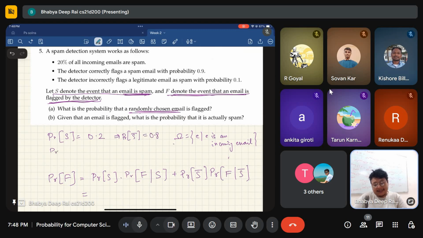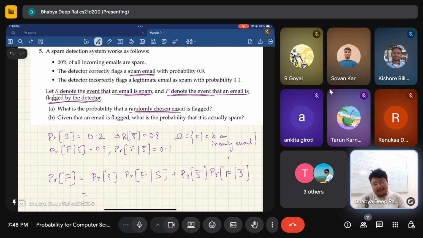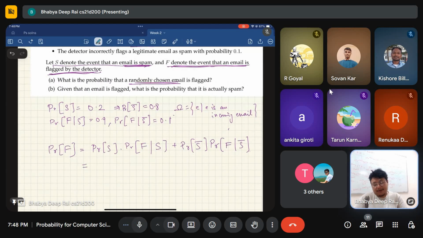Now, the probability that the detector flags a spam email, so probability of flag given a spam email, is 0.9, and the probability that it incorrectly flags a legitimate email as spam, so not spam but flagged, should be 0.1.